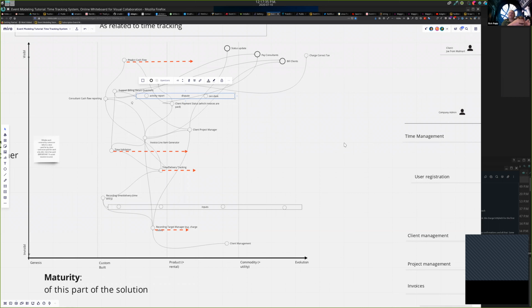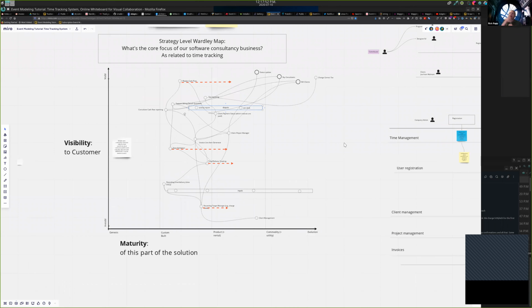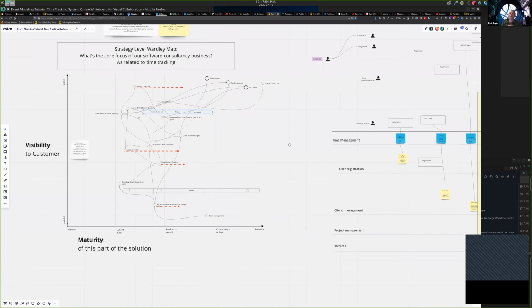So there's a need there. We need to know, A, for ourselves, do I owe them money, and B, then I can show them how much I owe this person. That reconciliation report need isn't on there, and that would connect to consultant cash flow reporting.